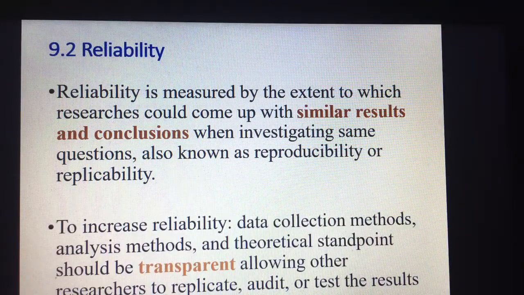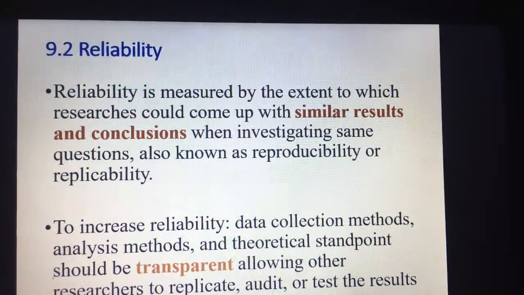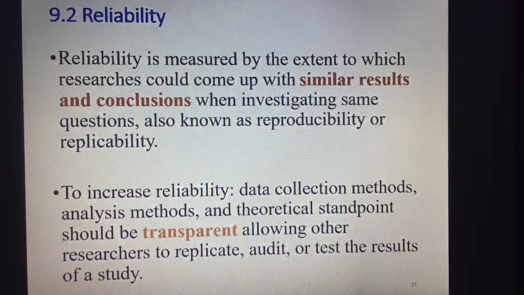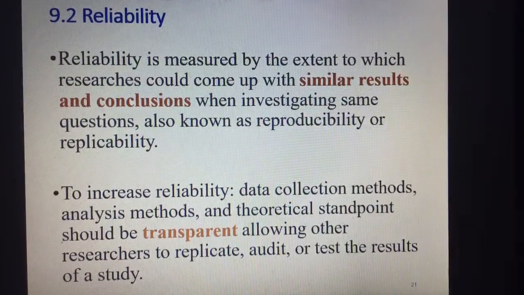And of course, to increase reliability, data collection methods, analysis methods, and theoretical standpoint should be transparent, allowing researchers to replicate, audit, or test the results of the study. That's very important to see the results of the studies that are tested.